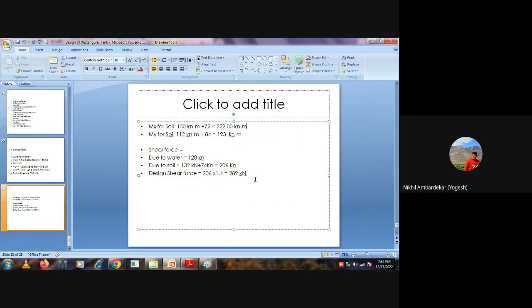Got it? You need to multiply this by 1.4. I will not directly calculate the answer, but don't forget to multiply this. Let's say calculate, why wait? 222 into 1.4, that is 311.